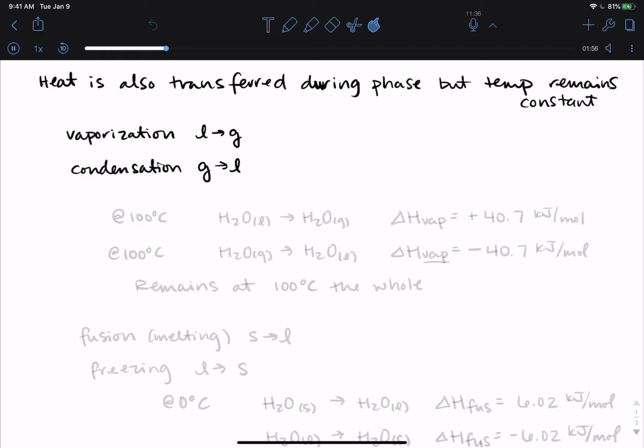An example of this is water at 100 degrees. This is temperature dependent, so hopefully you can recognize that this is the boiling point of water.